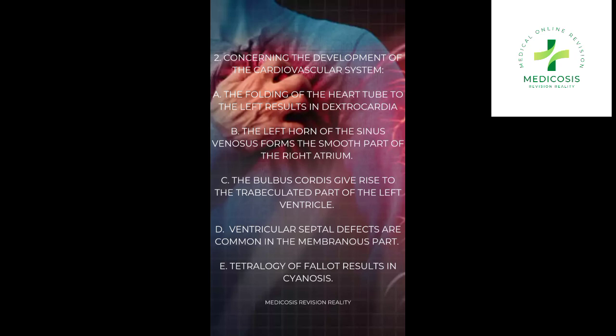In tetralogy of Fallot there is lack of oxygen-rich blood reaching the body. Are you answered? Or have more question marks arisen in your head? Most of the defects in tetralogy of Fallot result in mixing of oxygenated blood with deoxygenated blood, resulting in low oxygen content.